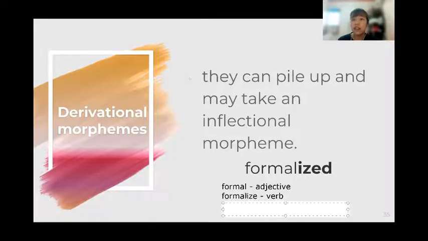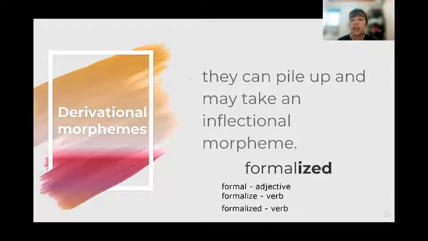So after you add a derivational morpheme to a word, you can add an inflectional morpheme, as you can see here in this example. Formalized is just the past tense. There. So you can see the change from adjective to verb.